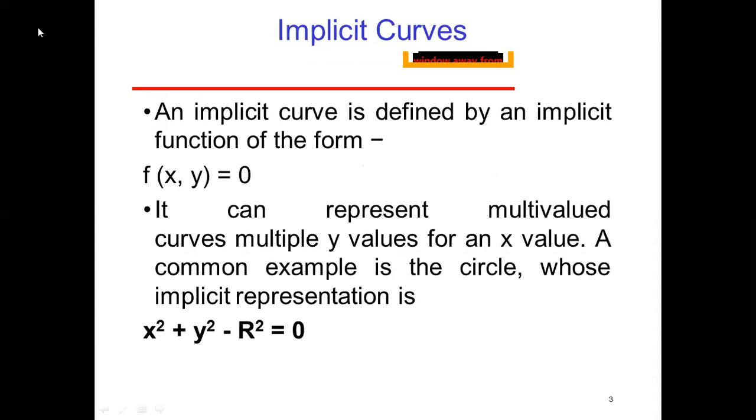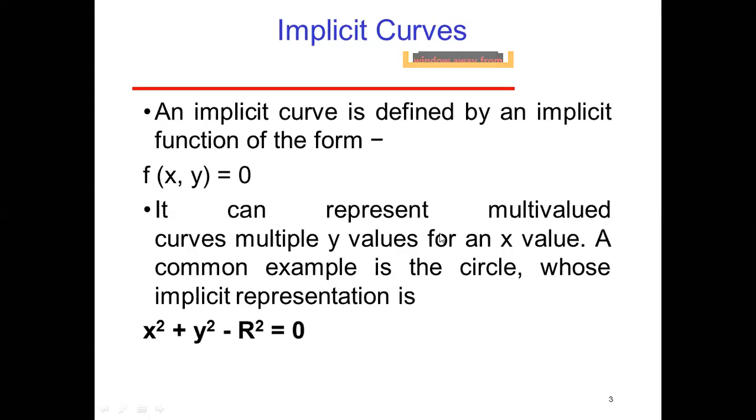Whenever we proceed and use the incremental method, again we will get various points for x and y. If we are increasing y, then we will get the values of x, or if we are increasing the value of x, then we will get the different values of y. And so forth, we can draw the graph for the implicit curve. The circle is also one of the categories which lie under the implicit curve.